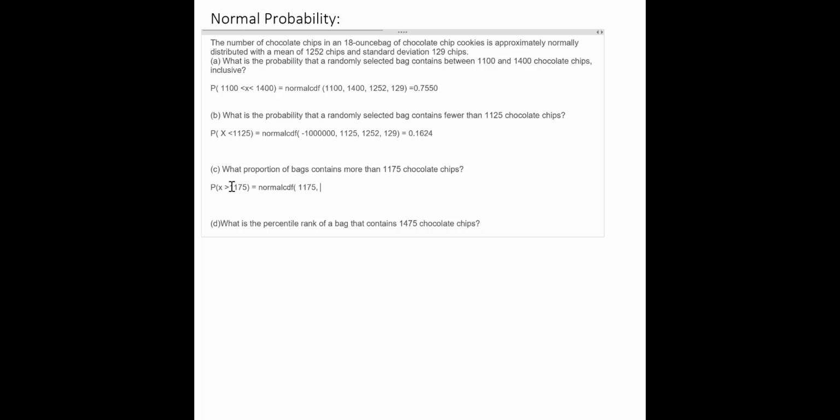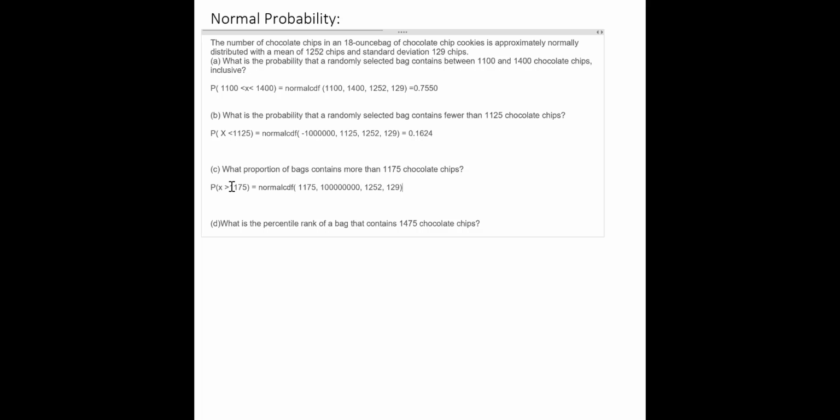Greater than 1175, it could go to infinity above 1175, so we'll put a million there, and then we put 1252, and then the standard deviation 129. Then you go second, variables, normal CDF, and you get the answer.